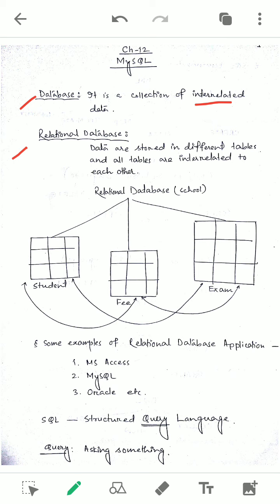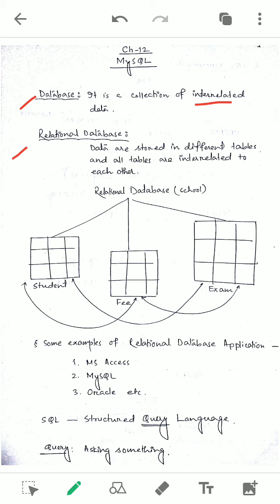When a database is known as relational, as we know, a database is a collection of interrelated data, and obviously when you collect different types of data, according to the data you must have different tables. Here I have given three tables. When you create a relational database, under it we'll have multiple tables, and all the tables are related to each other.